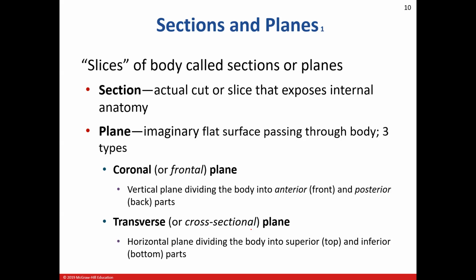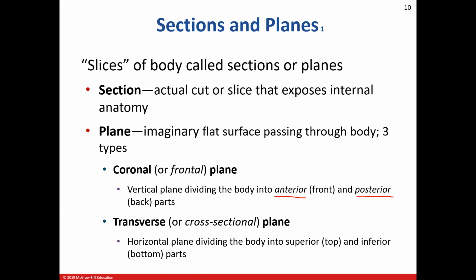The first one is called the coronal, or you can say the frontal plane. Either is acceptable. The coronal or frontal plane divides the body into front and back parts. And you can't say front or back, you have to use the anatomical terms. It divides it into the anterior and posterior parts.